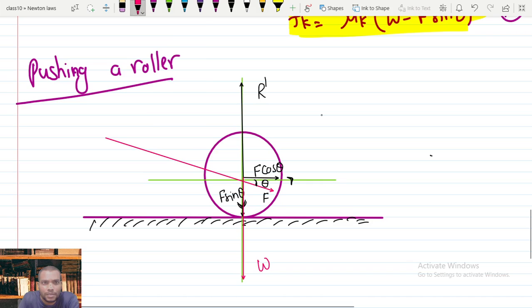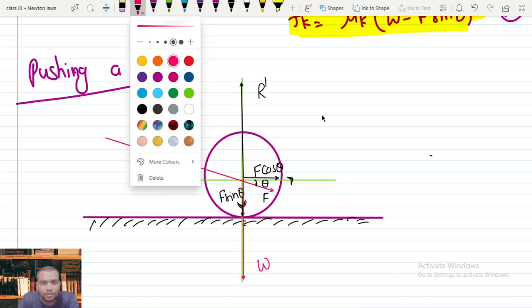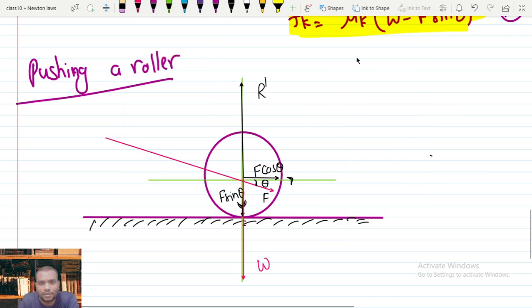Apart from this, very important, we need to represent the friction force. In this case the friction always acts in the backward direction. So the friction force is F_k, which I take as F_k dash.